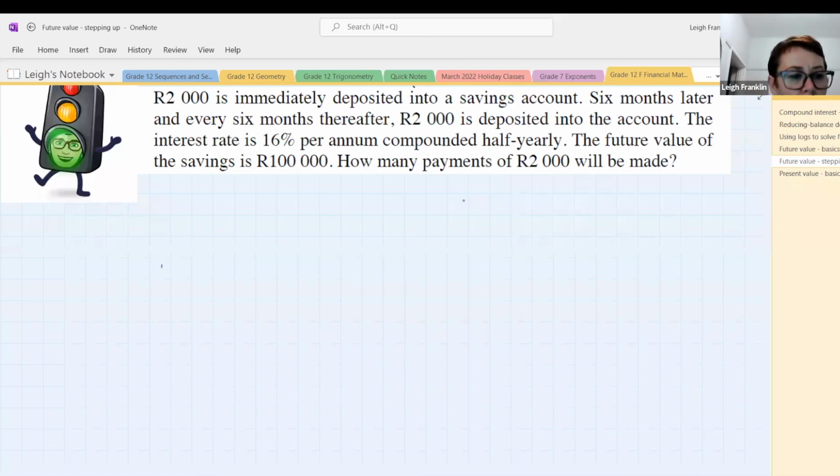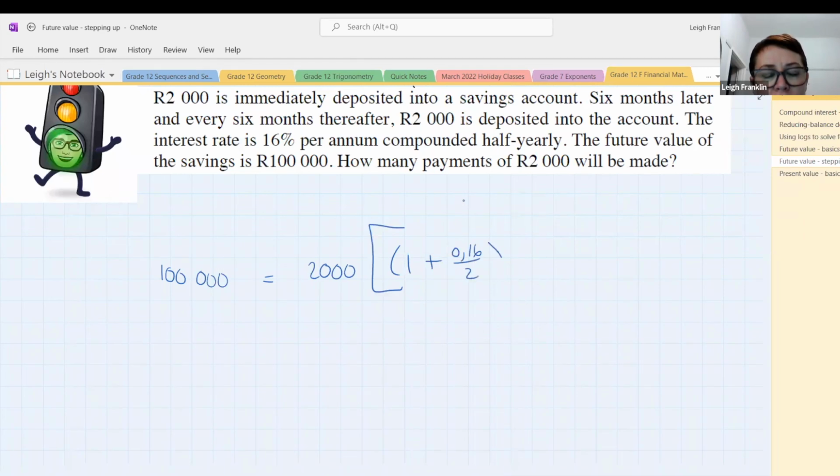Okay, so our future value is 100,000 Rand. We are paying 2,000 Rand each period. The interest rate is 16% per annum compounded half yearly.